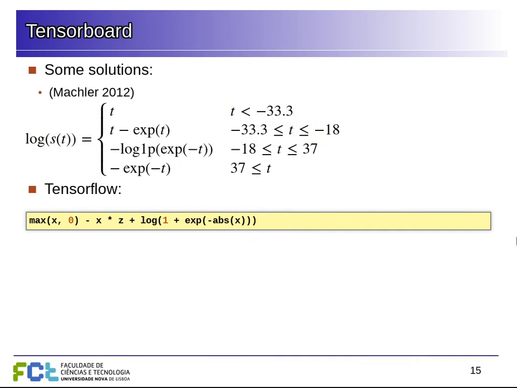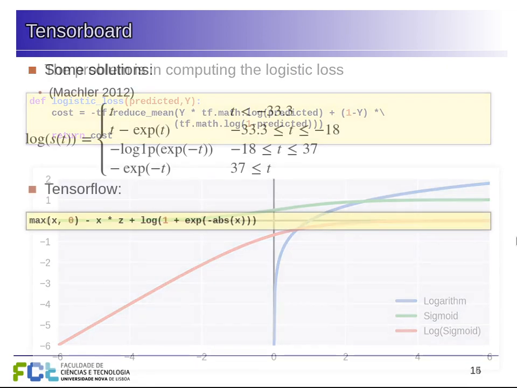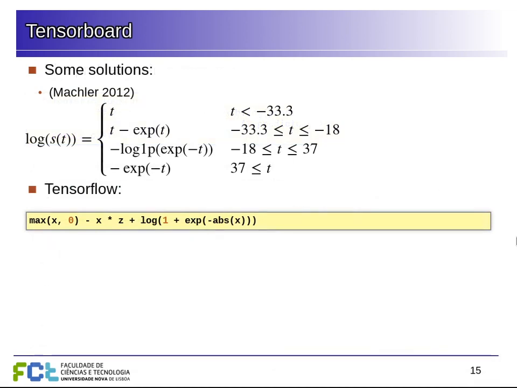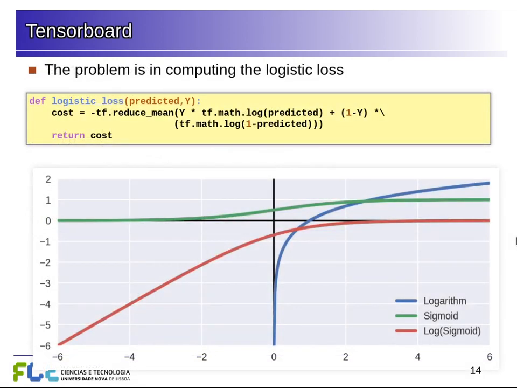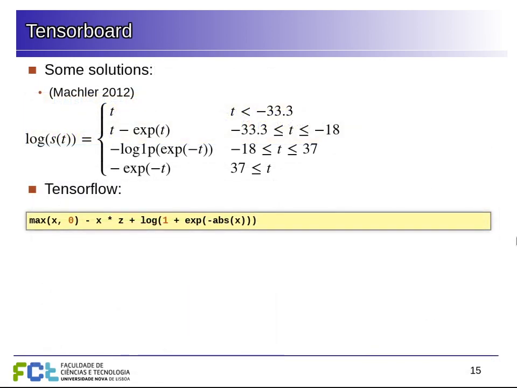For example, this is one solution, which is when the input to the sigmoid is below minus 33, so we are very far away here, we take just the same value. So it's this straight line on this part. And then in other intervals we take these different expressions.